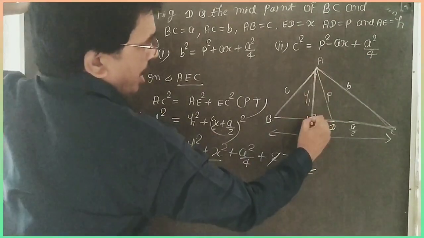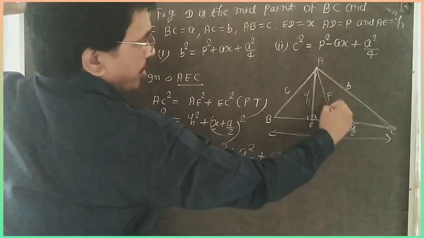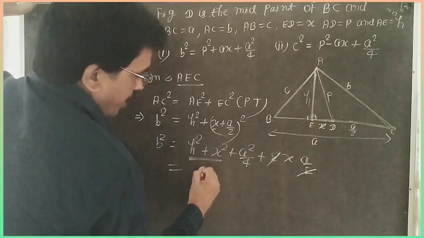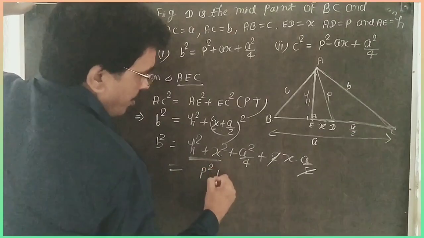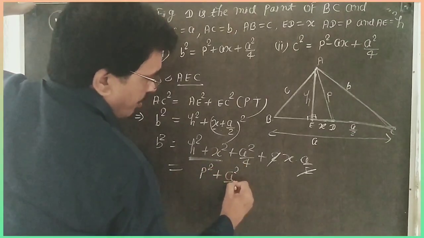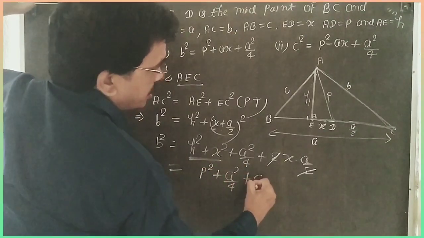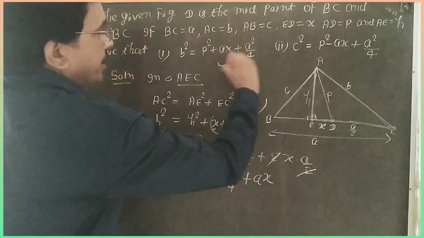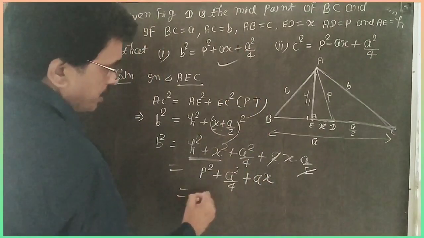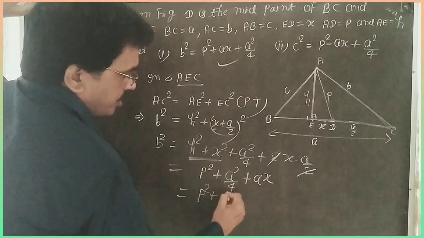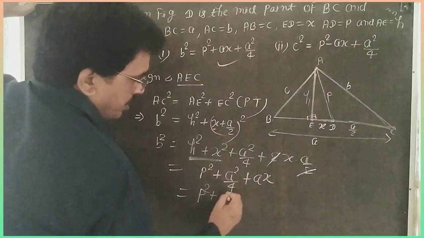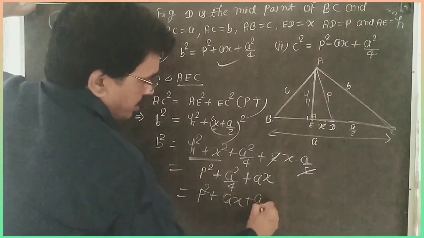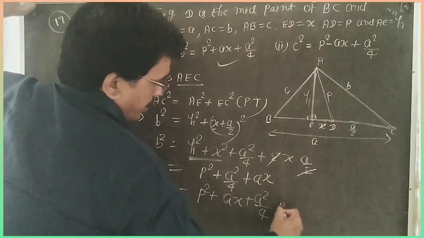It is equal to p square. So we write p square, a square by 4, plus ax. It is your question. So arrange it. You write here p square plus ax plus a square by 4, and that is proved.